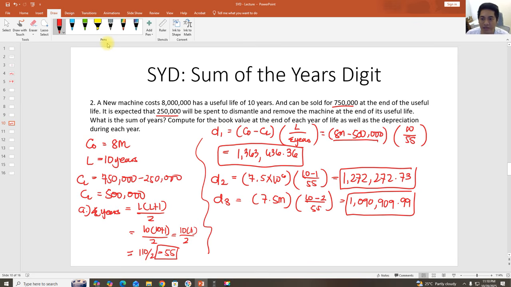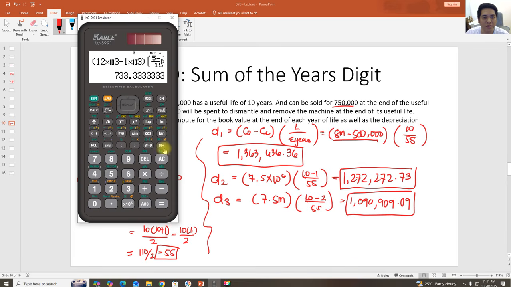I think it's 0.09. So let's double check in our calculator so that we can be sure of the answer. So we have 7.5 times 10 raised to 6. So that's million. So all over 8 over 15. Because 10 minus 2 is 8. Okay.